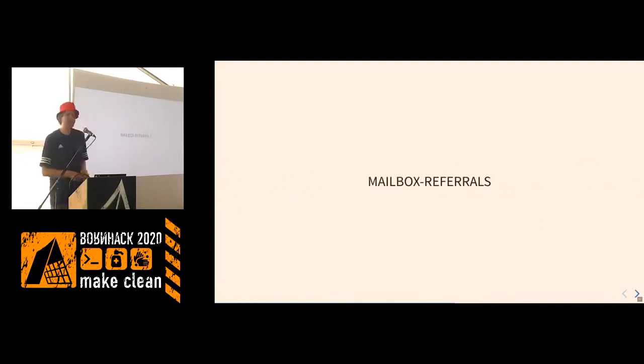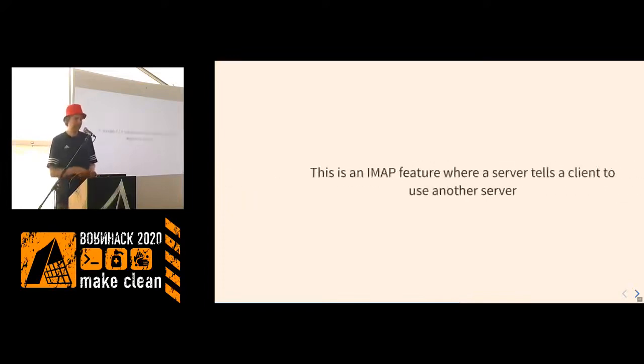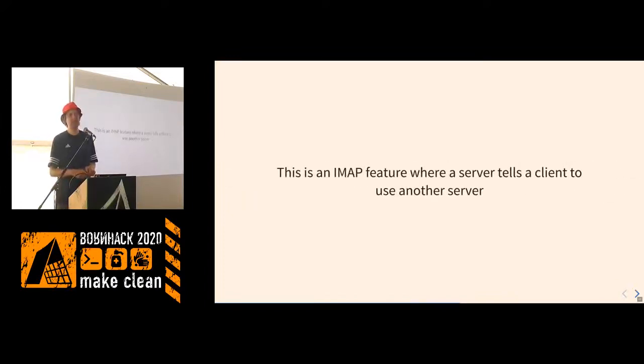Then there's another feature in IMAP which is called Mailbox Referrals. And this is basically some kind of forwarding, where a server can say, hey, dear client, please log into this other mail server and get the mails from there.